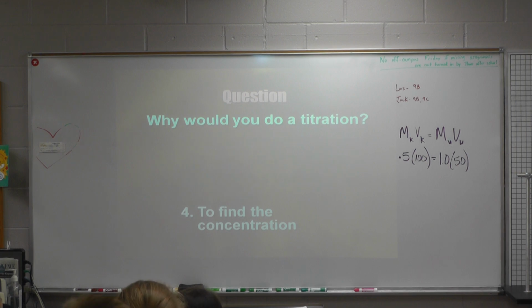You could just use an indicator or a pH meter to find the pH of whatever you want. A titration is specifically used to figure out some unknown concentration. Because a lot of times, if you were working for a company, you would get some acid from a reaction, but you don't know the concentration of it. And so that's what they would use a titration for.